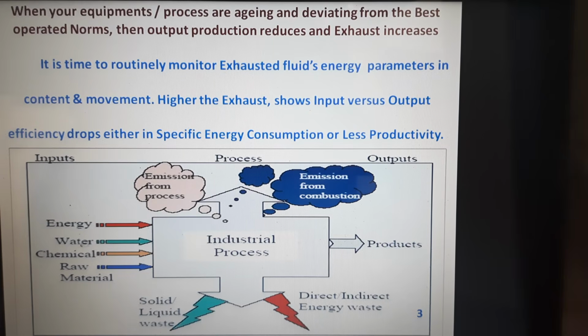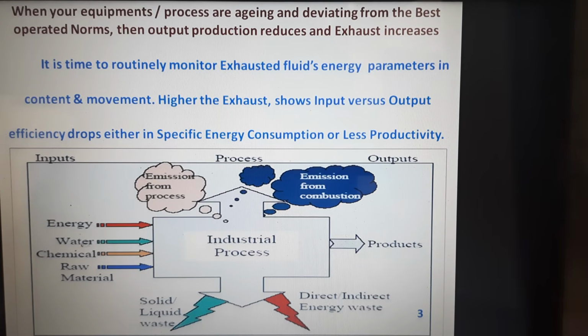When your equipments or process are getting aged, deviating from the best operated NAPs, the output production automatically reduces and the exhaust increases. This is the main point which I wanted to discuss here. Once the input is given either excess or the output gets reduced, automatically the exhaust goes up.